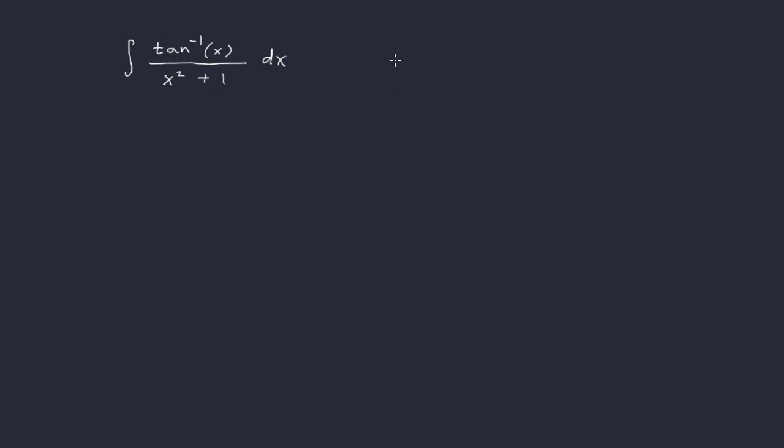If we did the denominator and let u equal x squared plus 1, du would be 2x dx, and we don't have anything like that. So that's out. So instead, let's do the numerator. Let's just let u be tan inverse.